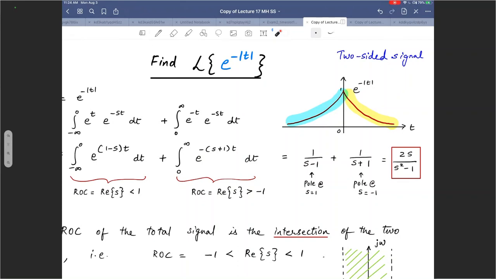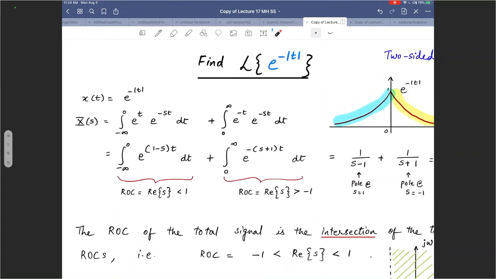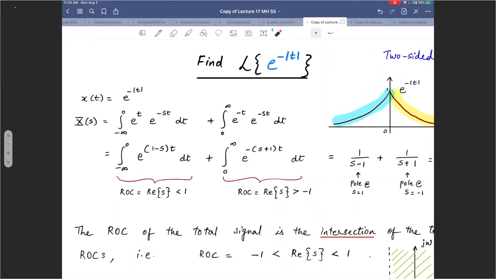So it's different for time less than 0 and it's different for time greater than 0. When time is less than 0, the function is actually e to the t, and when the time is greater than 0, the function is actually e to the minus t. So we have taken care of those two things by splitting up that Laplace integral into two integrals.